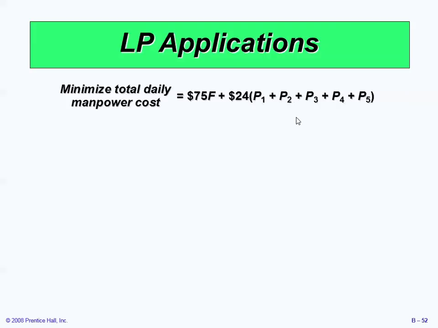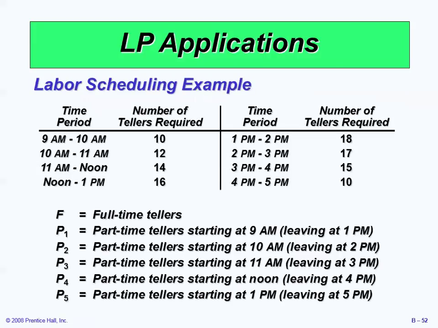Now, how do we put in the constraints? Well, it's something like this. We need 10 tellers at 9 to 10. The full-timers will be there, so F full-timers will be there. Now, how many part-timers will be there? Those who have joined at 9 o'clock. So the tellers available at 9 o'clock are F plus P1.